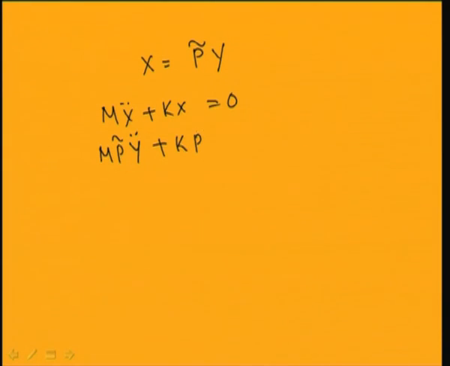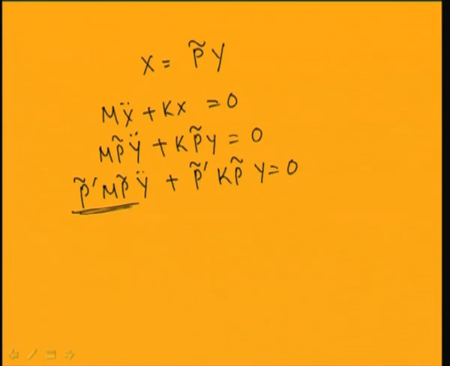So, instead of substituting x equal to P y, if one substitutes x equal to P weighted modal matrix y, then the equation m x double dot plus k x equal to 0 will reduce to m P weighted modal matrix y double dot plus k P weighted modal matrix y equal to 0. Now, pre-multiplying by P weighted modal matrix transpose, we get P transpose m P y double dot plus P transpose K P y equal to 0.